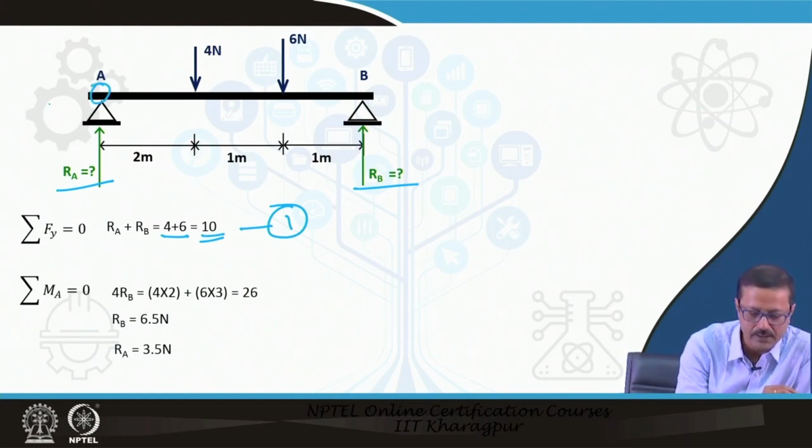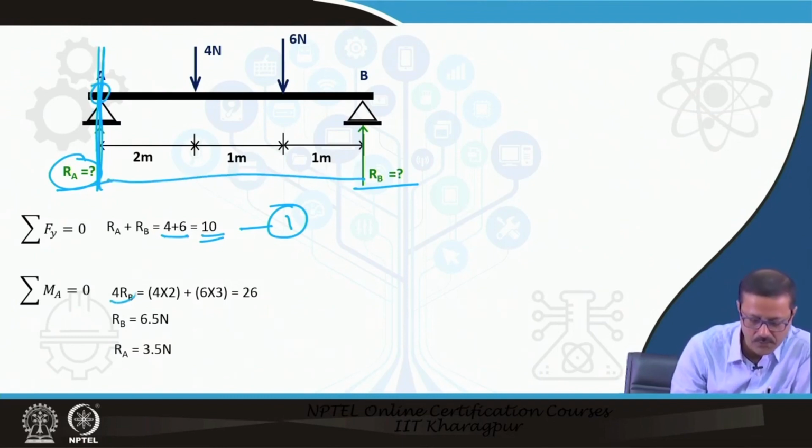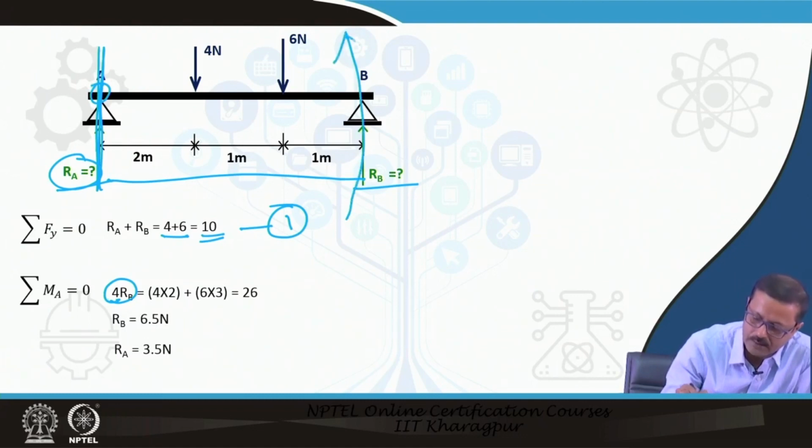If I take the moment at A, R A will not give any moment, because it passes through that point and the distance between this force and the point is 0. R B has a distance of 4 meters. So 4 R B must be equal to the moment of this and the moment of this added.